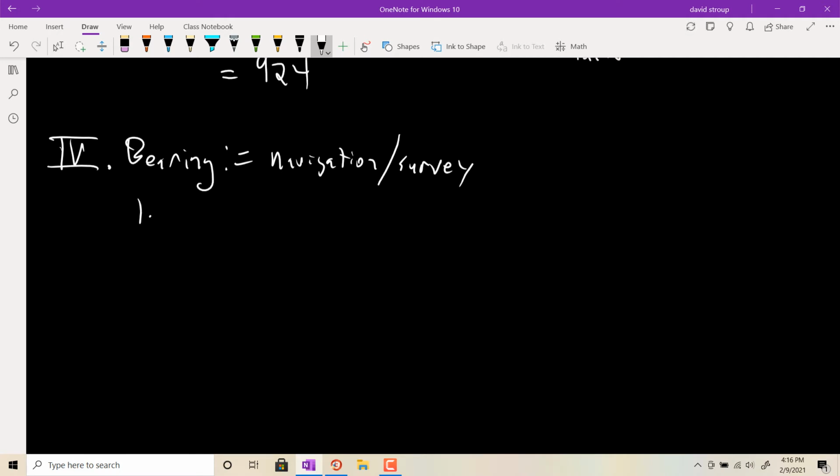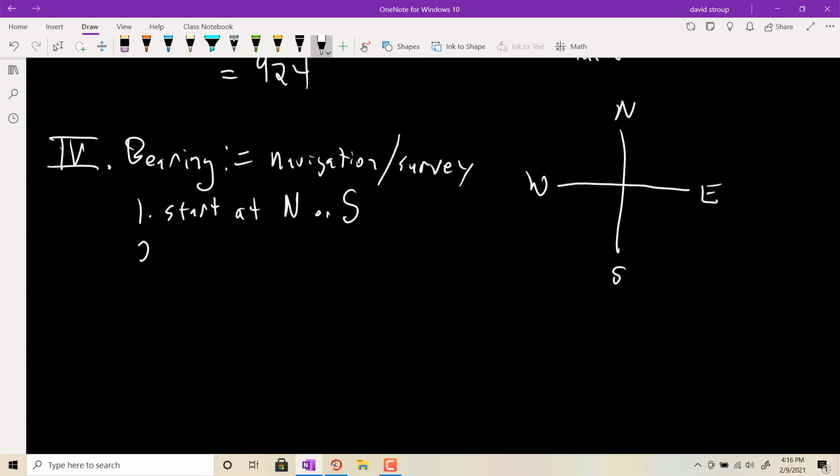So the way this works is you're going to start at either north or south. So in the XY plane, this is north, this is south, this is east, and this is west. So start at north or south. And then you kind of open up your angle away from the north or away from the south. Okay.